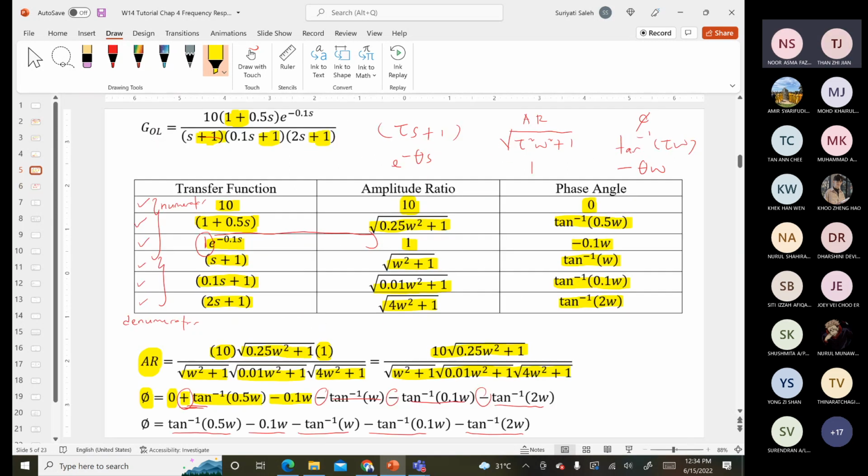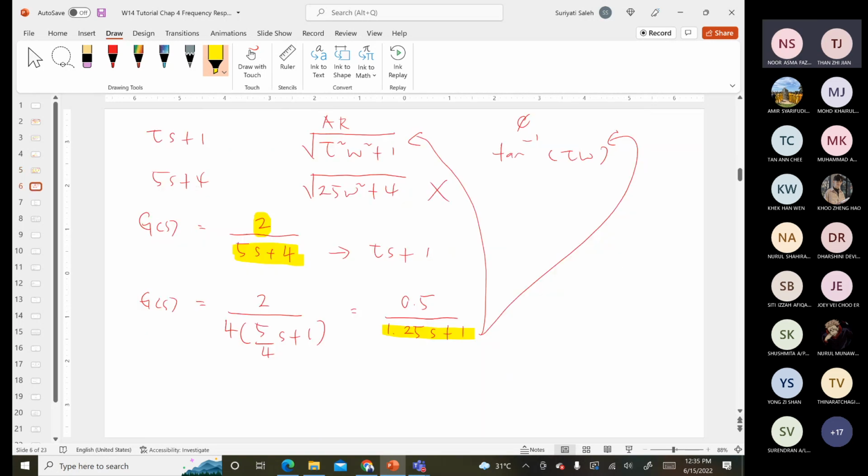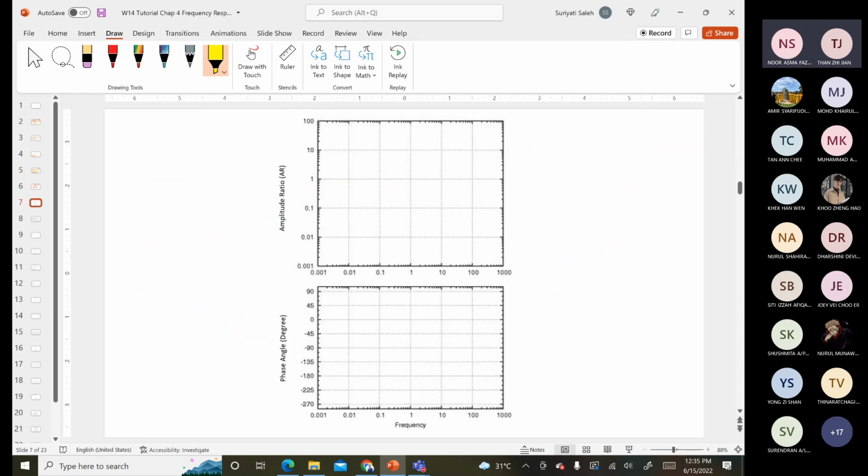So in this case, we already obtained the expression for amplitude ratio and the phase angle. What we want to do next is to plot the Bode diagram. I believe I already shared with you the standard form of the Bode diagram in the WhatsApp group.